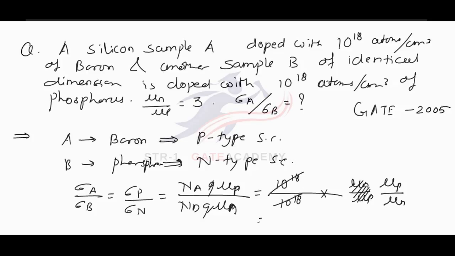This will cancel out, and the ratio mu n upon mu p is given as 3. Then mu p upon mu n will be 1 by 3.